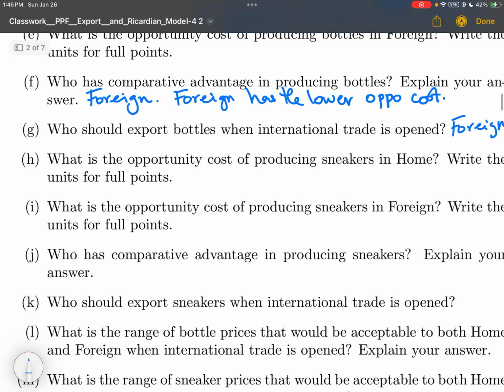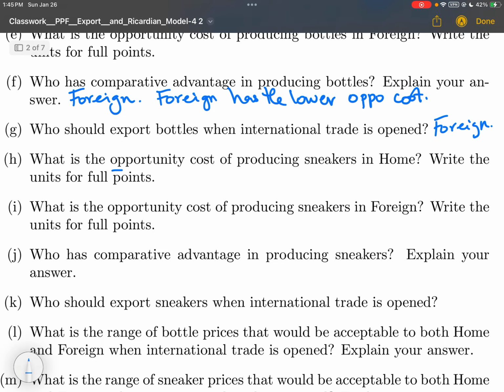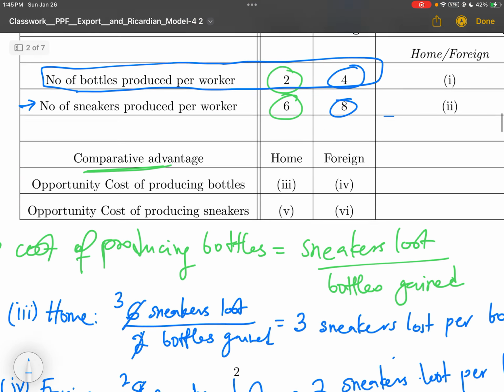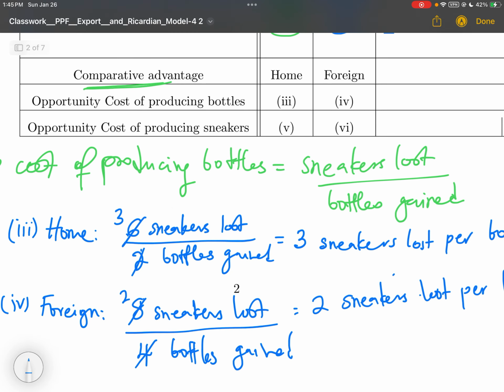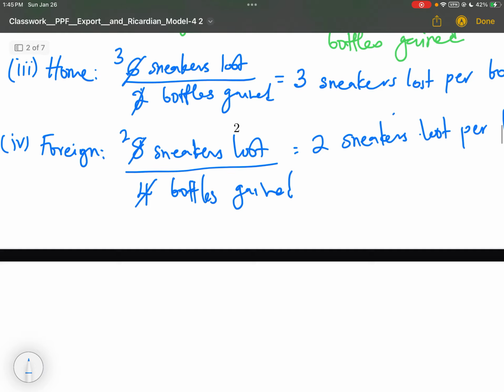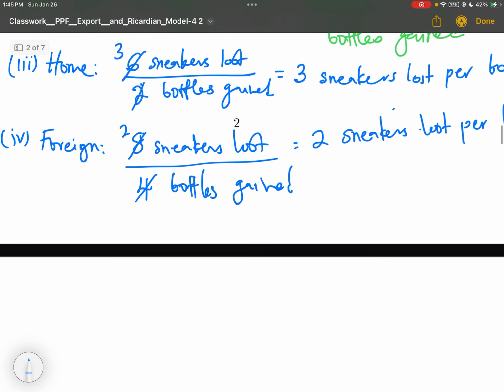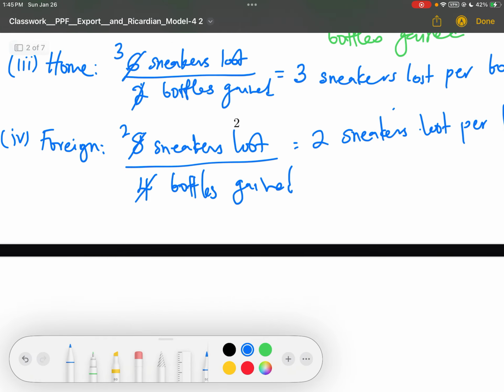Now, from H onwards, we have to calculate the opportunity cost of producing sneakers in home and in foreign. So we are going to go back to the table and do just that. Now, my space here is a bit full, but let's try it. Let's do a different color, how about black?